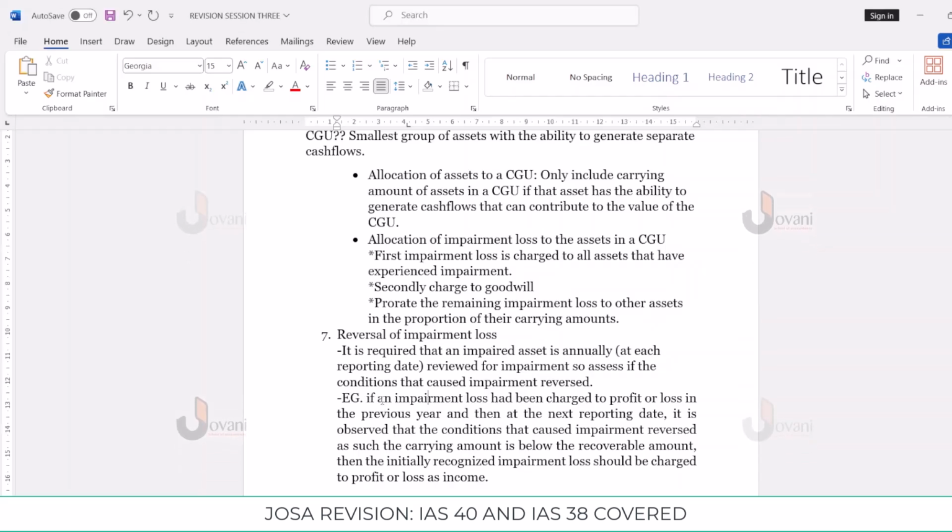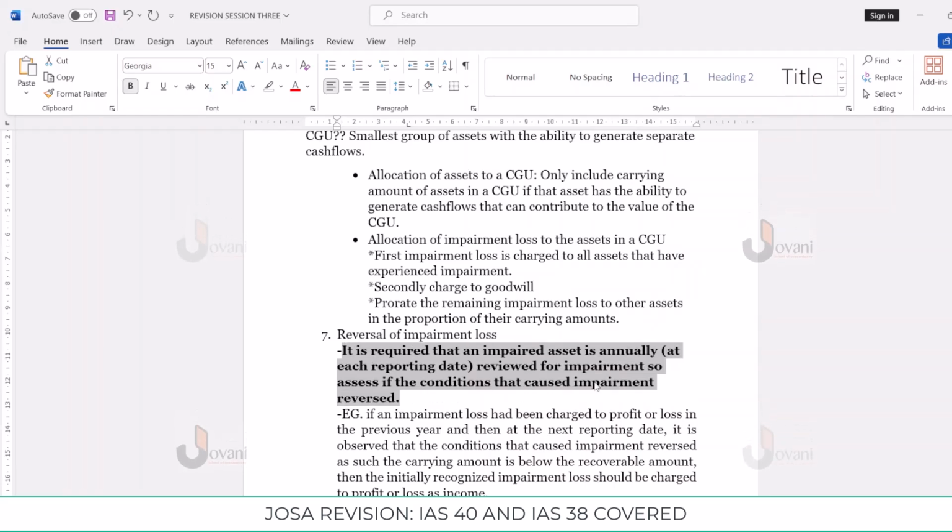So we are discussing the reversal of impairment loss. Please note, this is a basic you should know: if there was an asset that had been impaired, then at each reporting date you must review it for impairment.